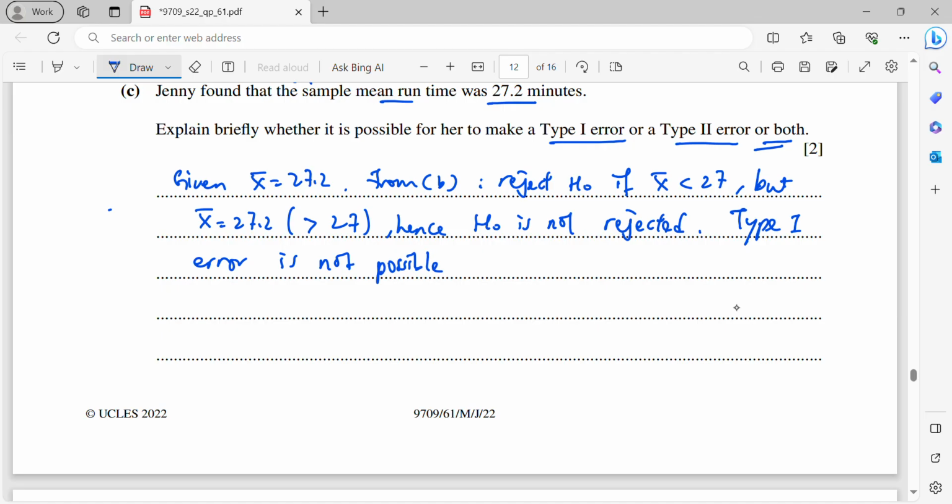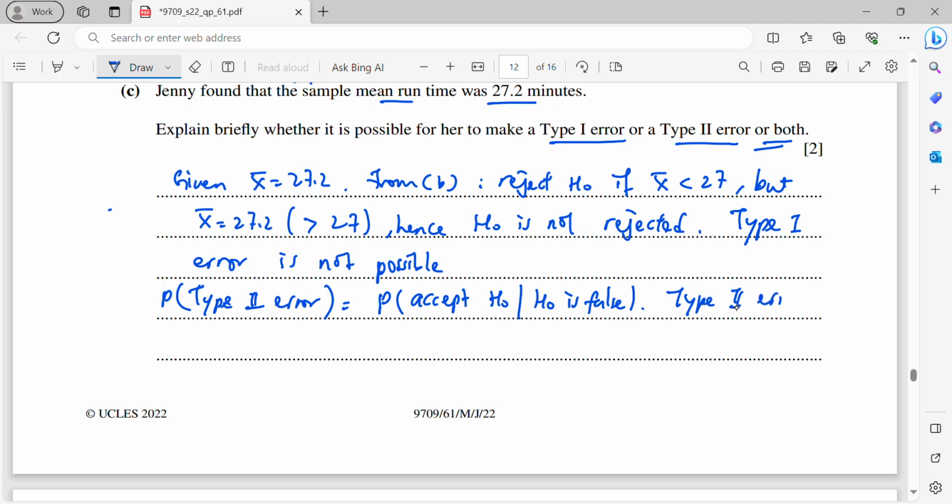Okay, now what about the type 2 error? The type 2 error means that H naught is not rejected, or you could say that we accept H naught, when H naught is false. So type 2 error occurs when we do not reject H naught.